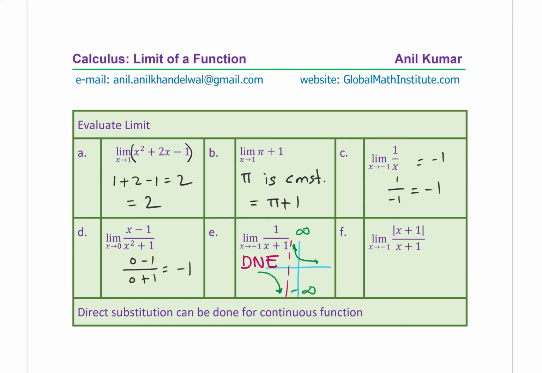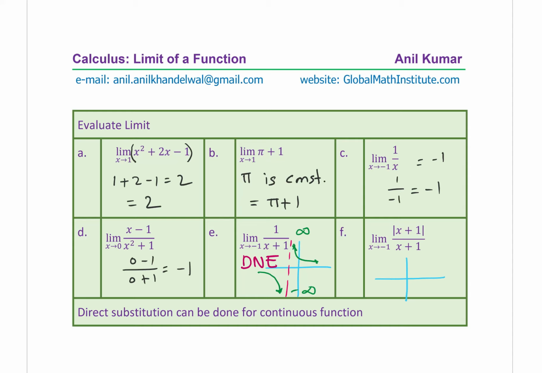Perfect. The next one is about the absolute function. Now you have to split the absolute function into a piecewise function, sketch it, it'll be better for you, and then substitute minus 1 and see what happens and see where the graph should be. Well, x plus 1 means that at minus 1 we have a discontinuity, right? We have a hole at minus 1, correct?